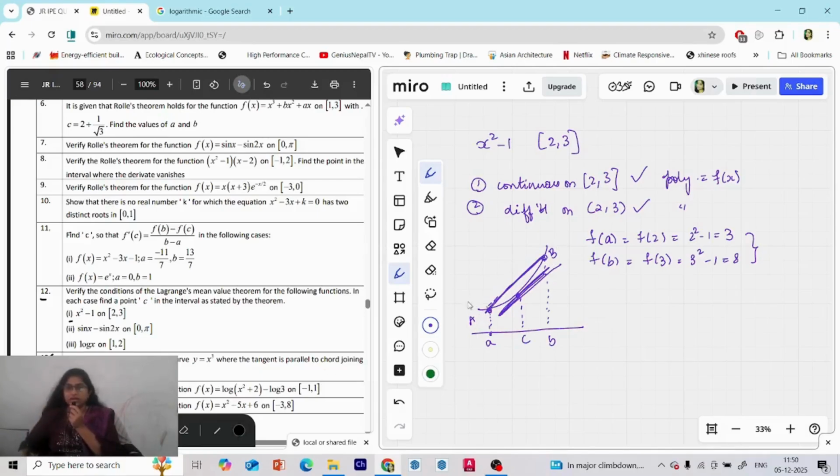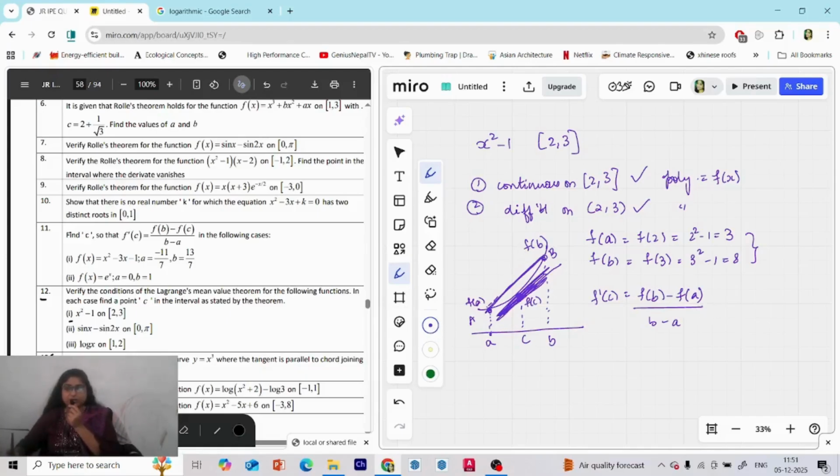This is f of A, this is f of B. The slope joining A and B would be f of B minus f of A by B minus A. Slope at point C is f dash C. If we draw a tangent at f of C, its slope is f dash C. So f dash C is equal to the slope joining A and B.